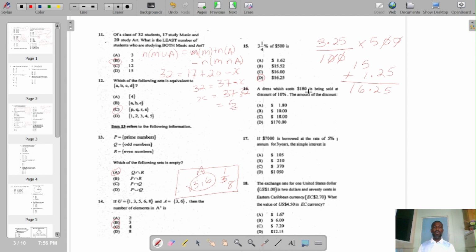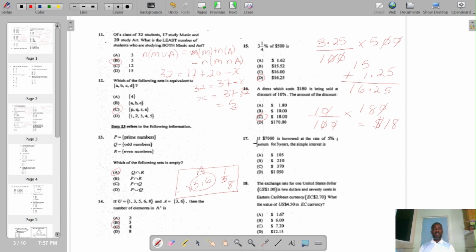Moving on to number 17. It says if $7,000 is borrowed at the rate of 5% per annum for 3 years, then the simple interest is... We know that the simple interest SI is equal to PRT over 100.